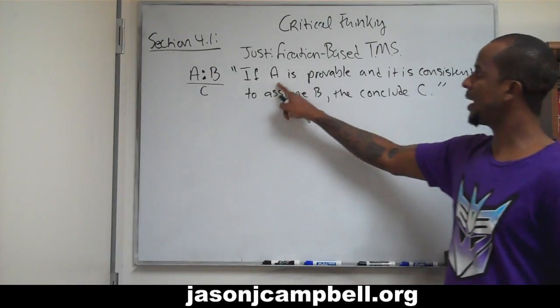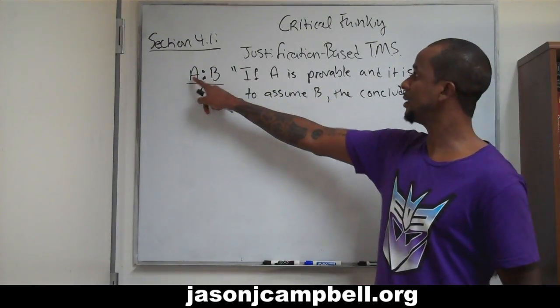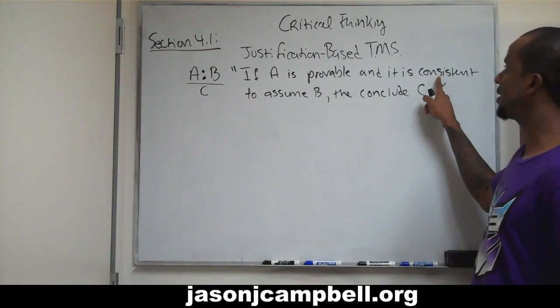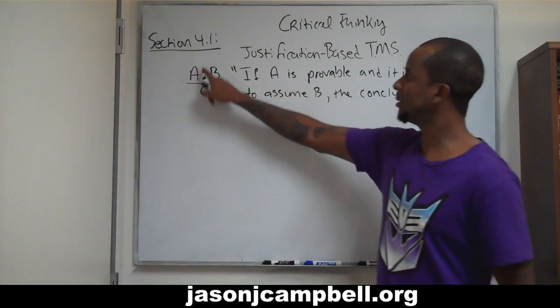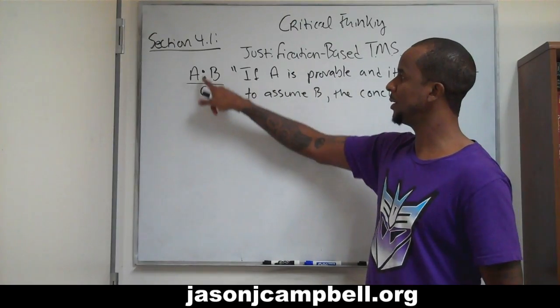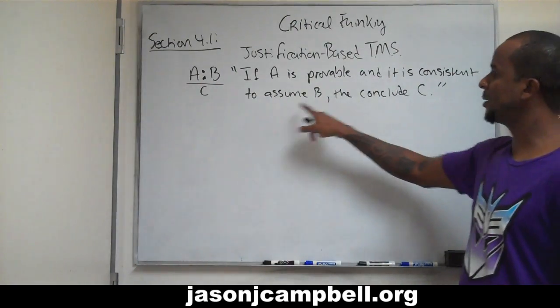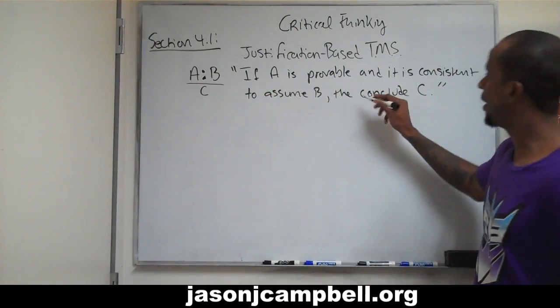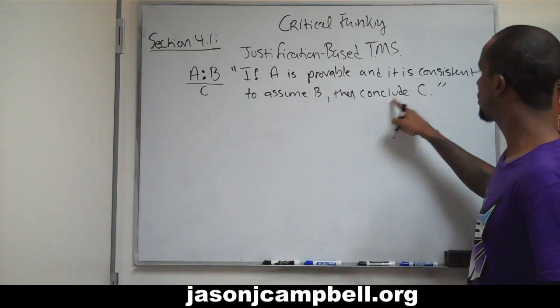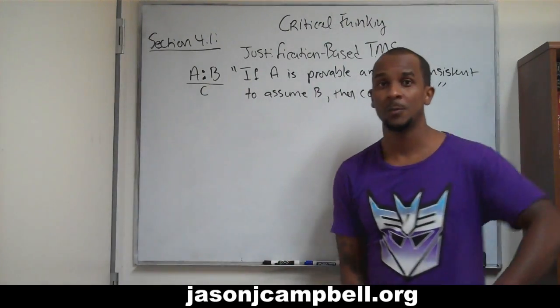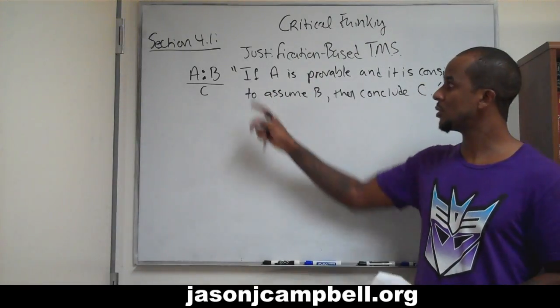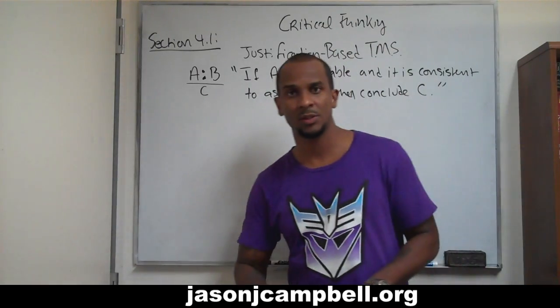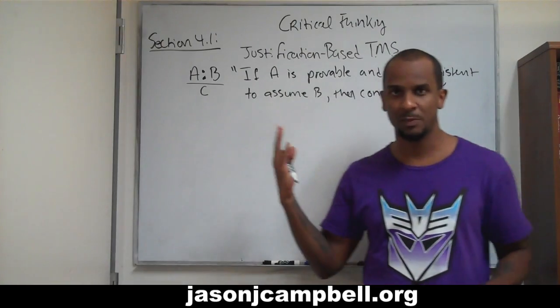To assume B, then conclude C, right? So, if A is provable and it is consistent to assume B, then you need to conclude C. That's basically how it's read.